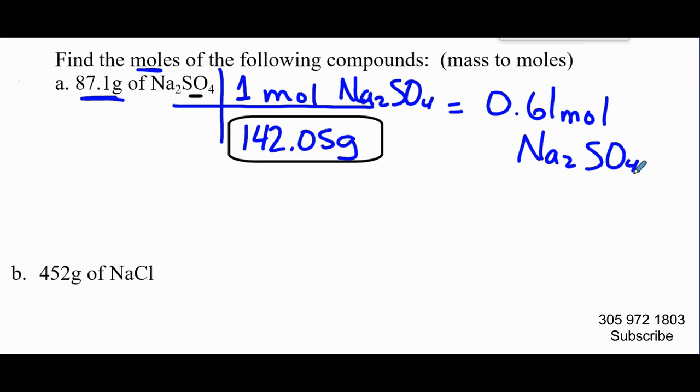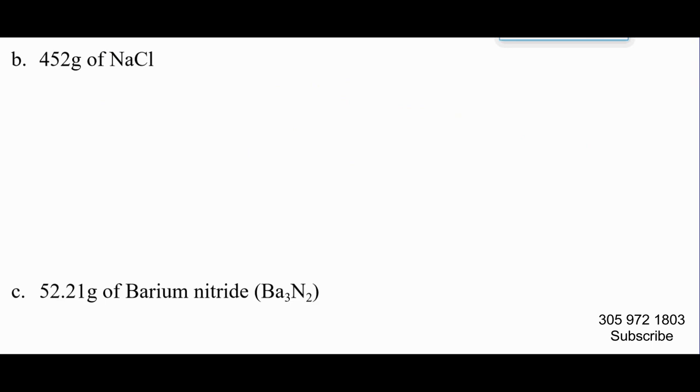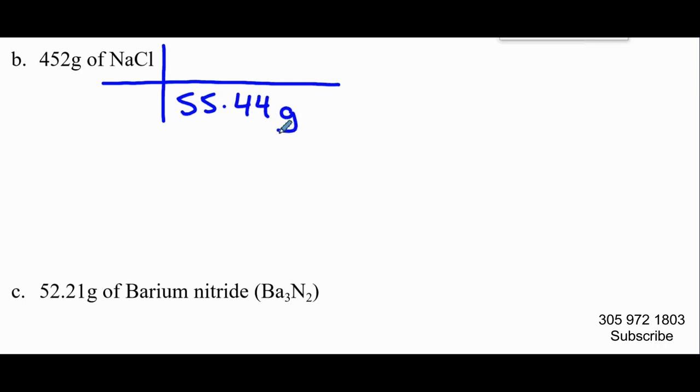Let's go to part B. Part B is giving me 452 grams of NaCl. Okay, so cancel with the molar mass of NaCl. Molar mass of NaCl is 55.44. 55.44 is the molar mass of NaCl.